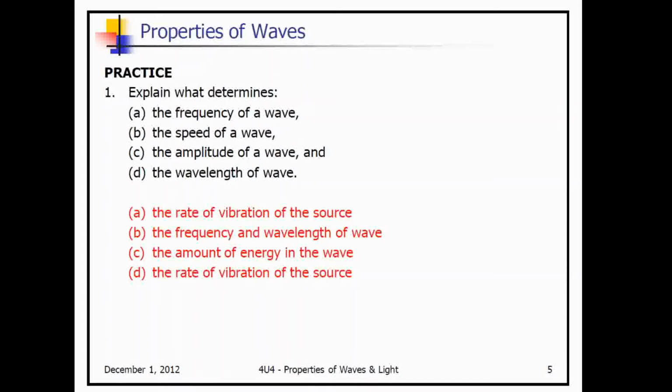So the amplitude of the wave is the amount of energy. If an initial disturbance transfers a lot of energy to the medium, then we would have a large amplitude. And the wavelength of the wave is also determined by the rate of vibration of the source. Just as with frequency, if somebody is singing, they can sing with different wavelengths to make different sounds, and it's the rate of vibration of their vocal cords that causes that.